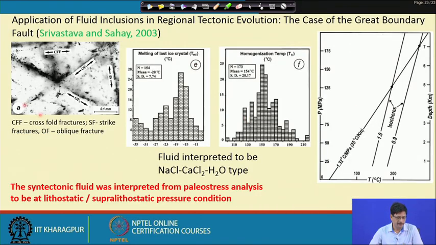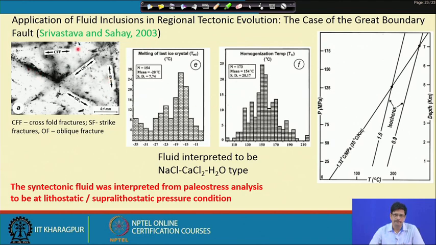So, here these are the different arrays or trails of the fluid inclusions, interpreted to be the CFF, which is the cross fold fractures, the SF the strike fractures, and the OF the oblique fractures. So, these are the kind of conjugate set of fractures which are present in these veins and which could be studied.